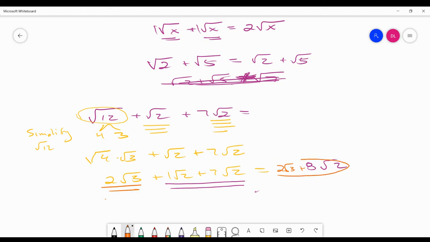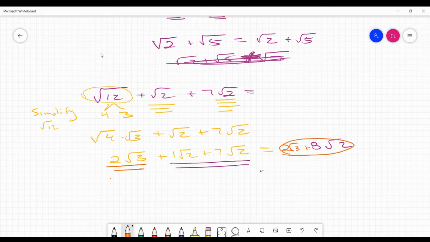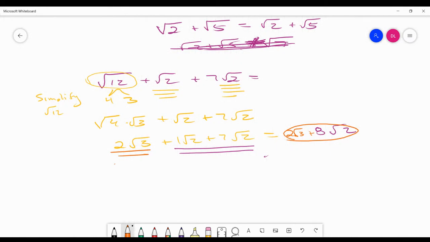And we have our answer here. So the main concept you need to put in your notes is you need to simplify radicals and combine like terms.